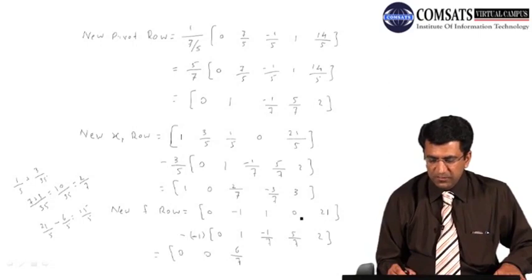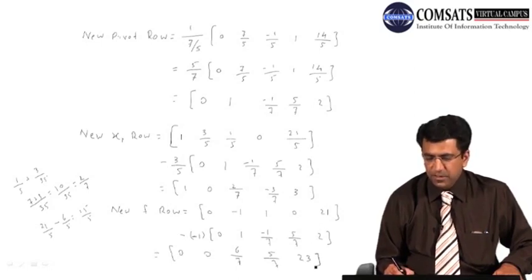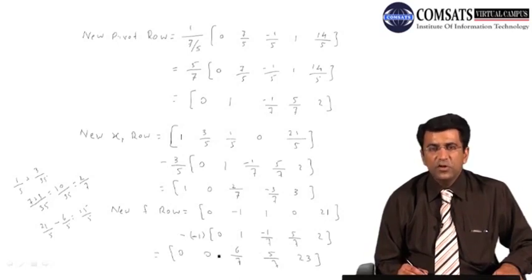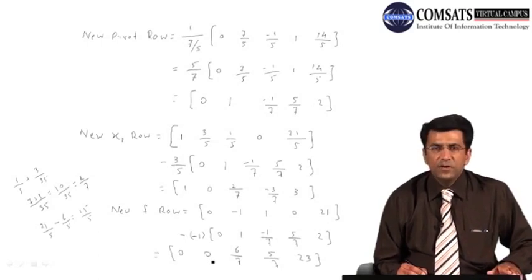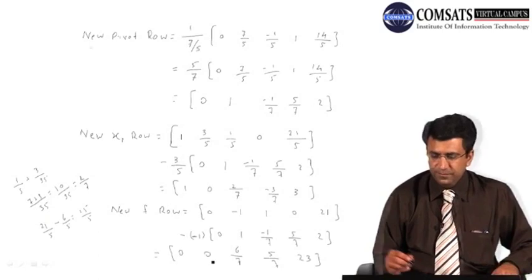Then 0 plus 5 by 7 will be equal to 5 by 7, then 21 minus minus, it will become plus, 21 plus 2, that will become 23. So this is, class, our new f row. So we have computed the pivot row and the two other rows other than that pivot row by using the particular formula, and now we are able to again formulate the table. Now class, again we will formulate the table.